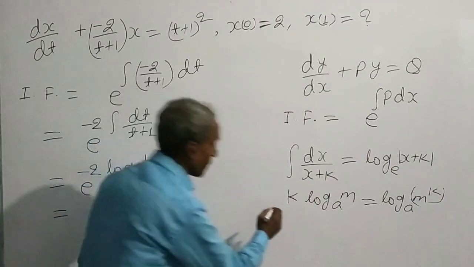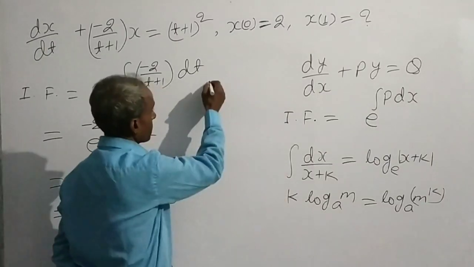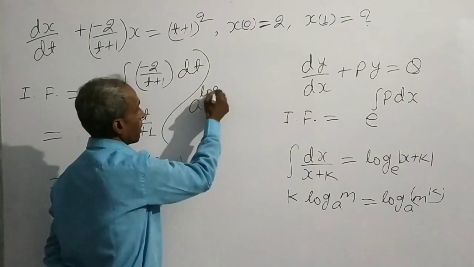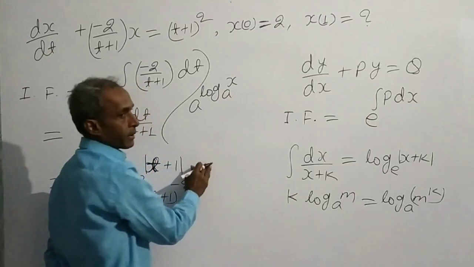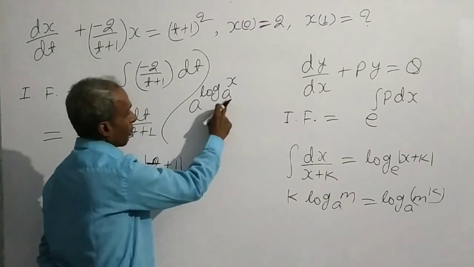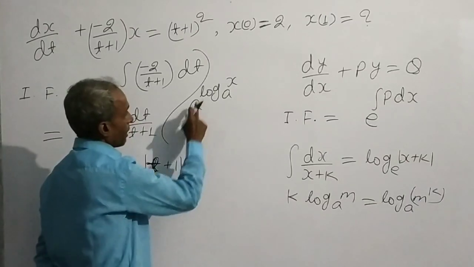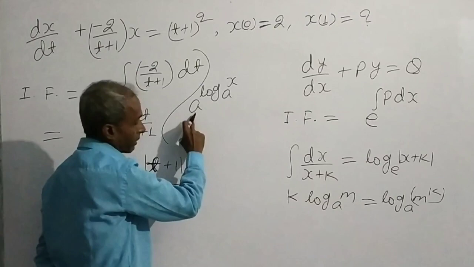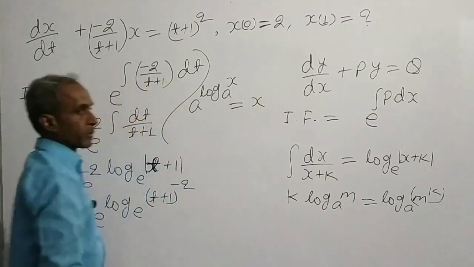Now there is a formula that a to the power log x to the base a, where the base of the logarithm is a and log x to the base a is the power of a, is equal to x.